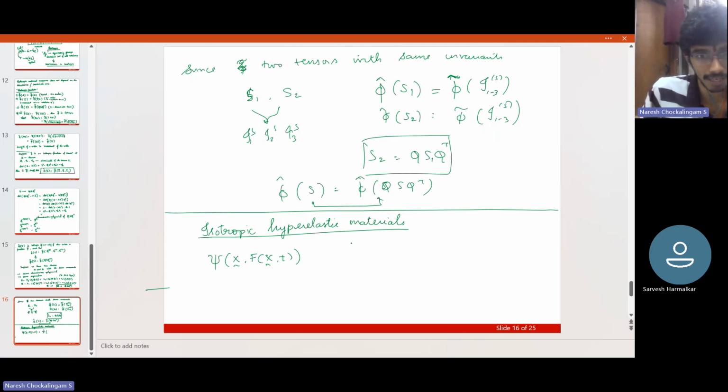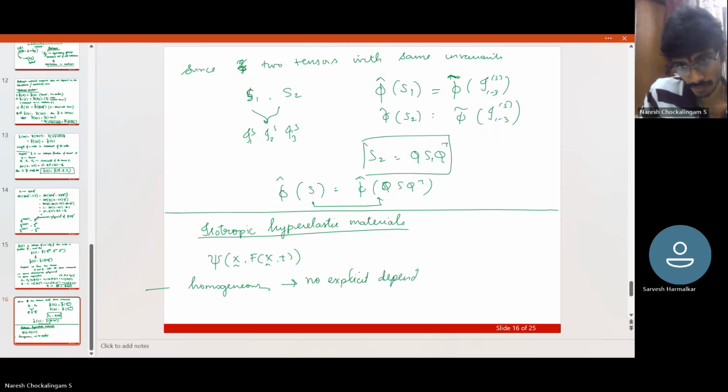So this is the stored energy function. Now suppose it is homogeneous. We can drop the explicit dependence on x.